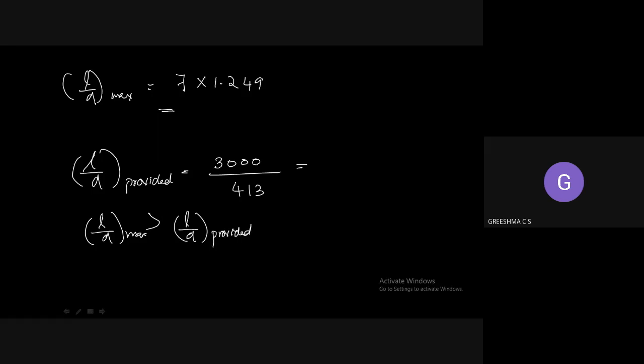As per the value, 7 into 1.25, it will be around 8.75, and 3000 divided by 413 is 7.26, so close.